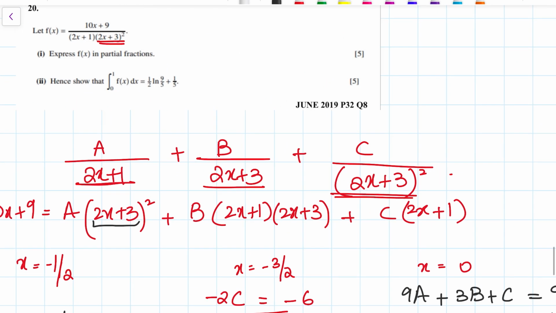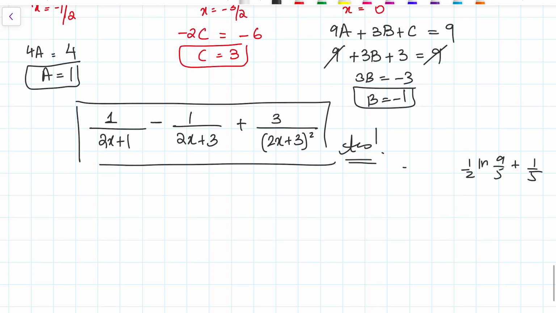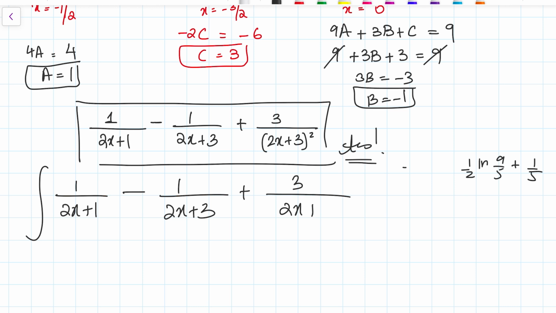The next part, you have to integrate it from 1 to 0 and prove the answer 1 upon 2 ln 9 upon 5 plus 1 upon 5. And the limits are 1 and 0. Let's integrate it. Now, for this one, we needed 2 in the numerator, so we introduce a 2 in the denominator. 2 in the numerator, why?